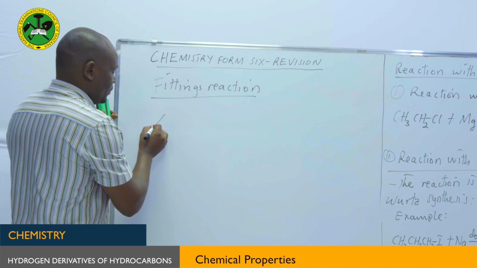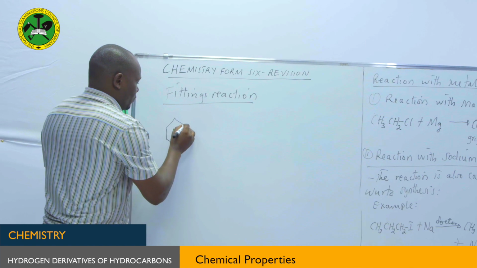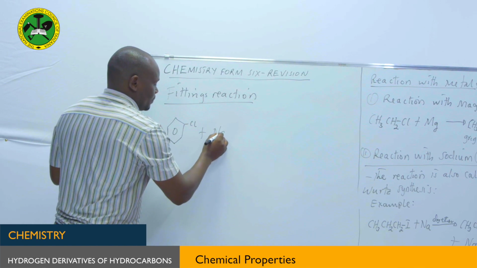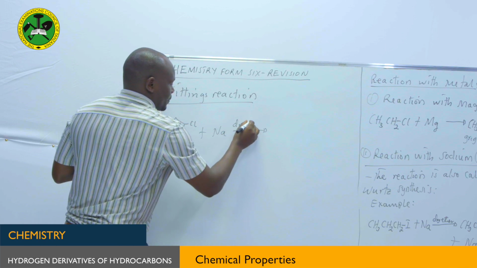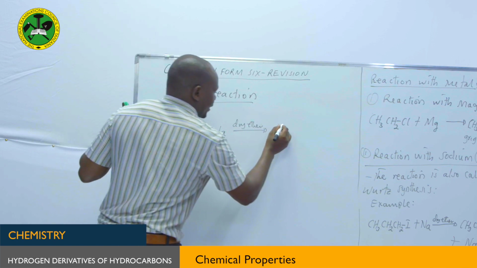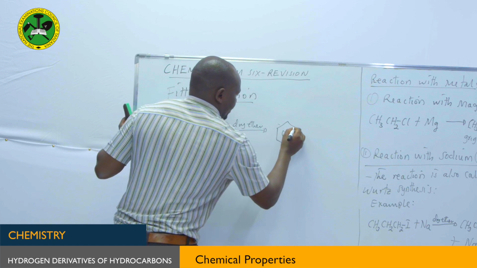So consider now chlorobenzene when treated with sodium, but the condition you have said must be dry ether. Then the product, the benzene ring, will double. So you'll have diphenyl.